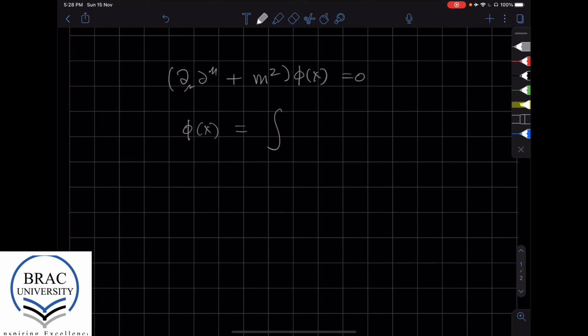So we saw a Fourier expansion. The different modes, that is the different values of the 3-vector k, will not interact because of the linearity of our theory.